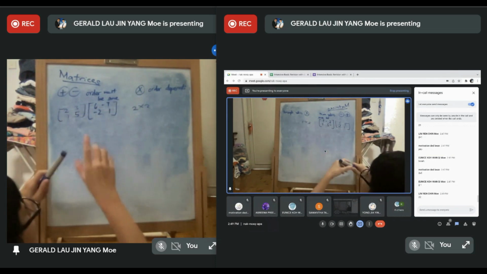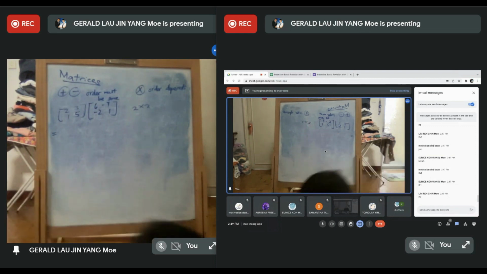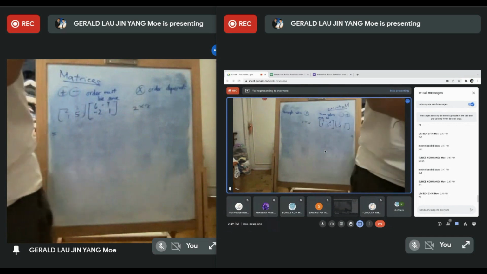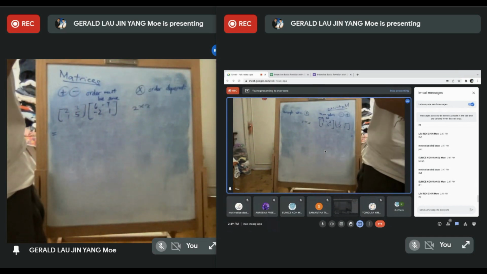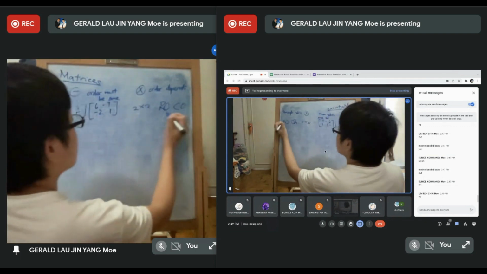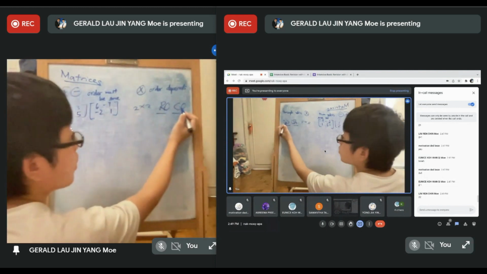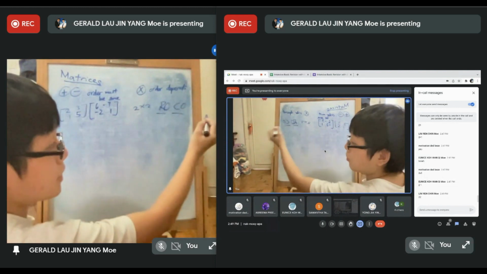How do we do matrix multiplication? Matrix multiplication, you use the concept row, column. Row times column, row times column. Never ever the opposite.